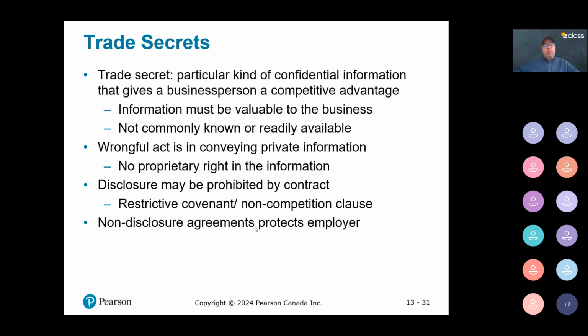Now, if it's disclosed, it could be accidentally, not by illegal means, but it could be that another company or anyone else would find out how to make Coca-Cola. They would use reverse engineering, technological means. If they were able to do so, this is not a violation. This is not illegal.